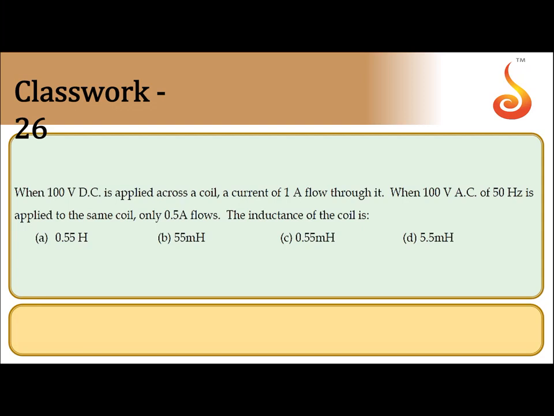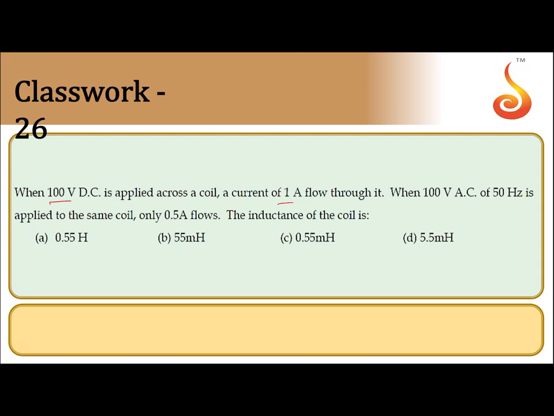So you need to find inductance. See, when 100 volt DC is applied across the coil, current is 1 ampere. 100 volt AC is applied, then current is 0.5 ampere.